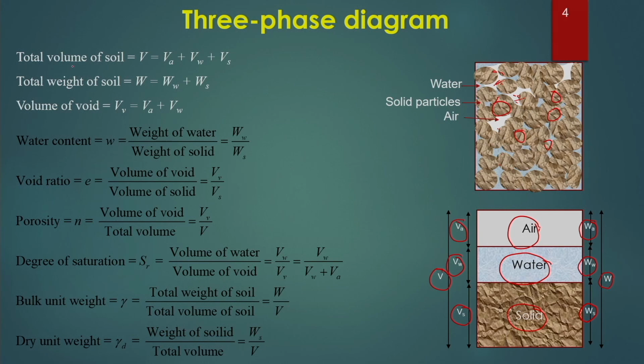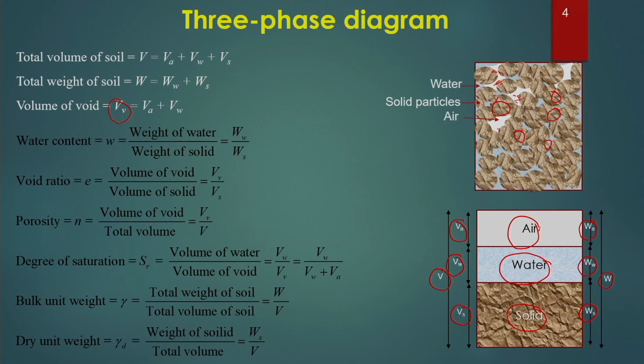Here we have written the total volume of the soil, V equals Va plus Vw plus Vs. Similarly, the total weight of soil is made of two things: weight of water plus weight of solid. Now, the volume of air and water combined is known as the volume of void, designated as Vv, made of volume of air plus volume of water.